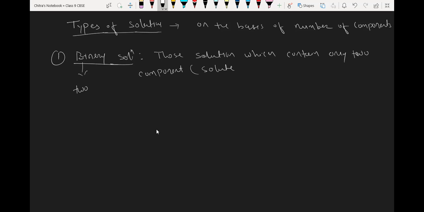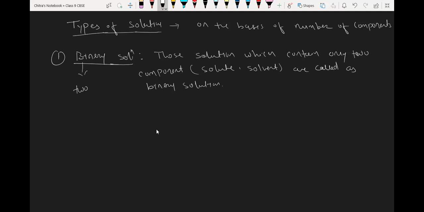So only two components, one is solute and another is solvent, are called as binary solution.